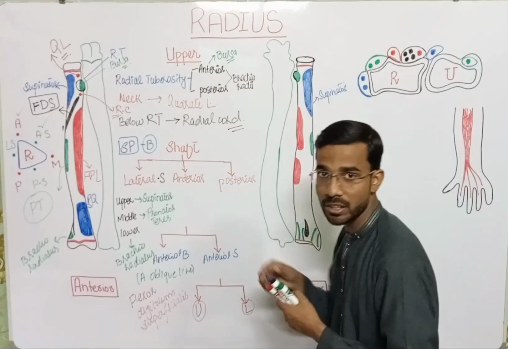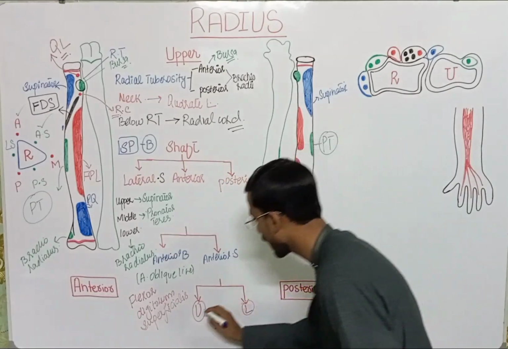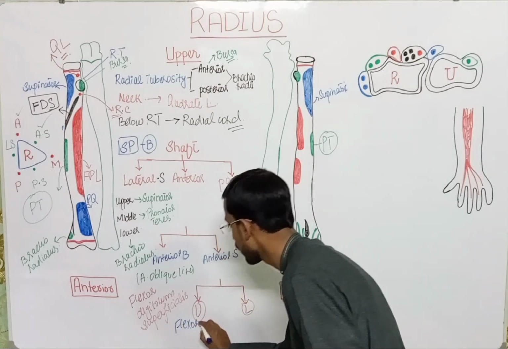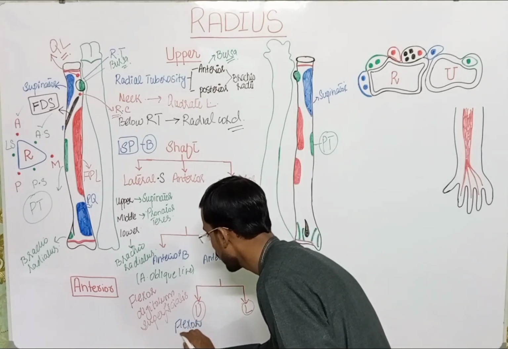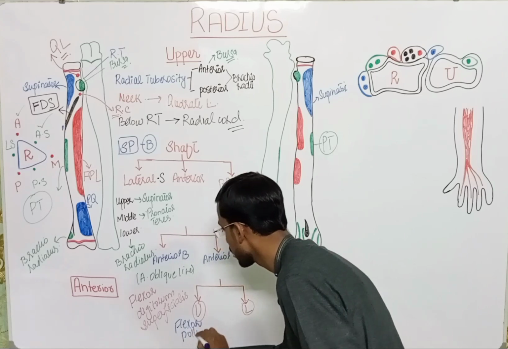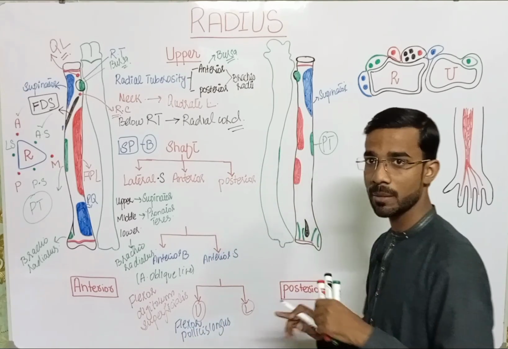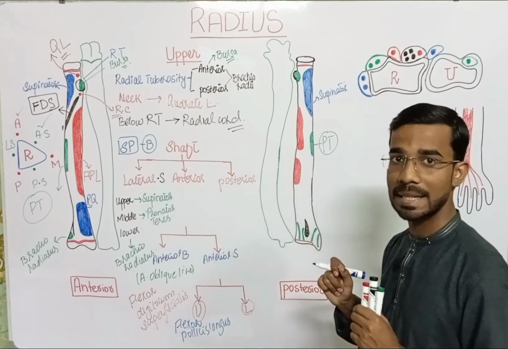At the upper aspect you will see the Flexor Pollicis longus muscle. This is present at the upper aspect of the anterior surface.